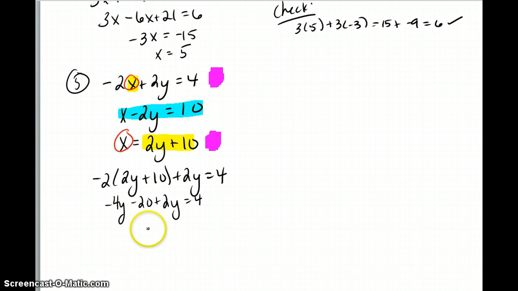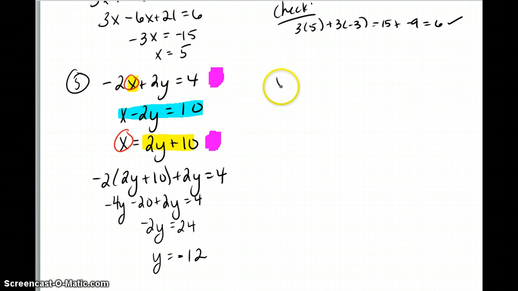I get negative 2y equals 24. And then I get y equals negative 12. Make sure that you distribute the negative through to everything.